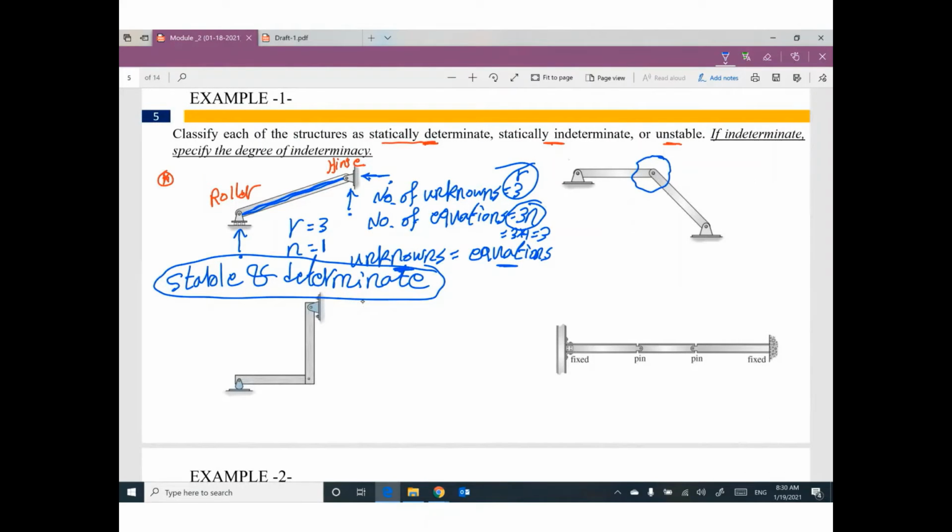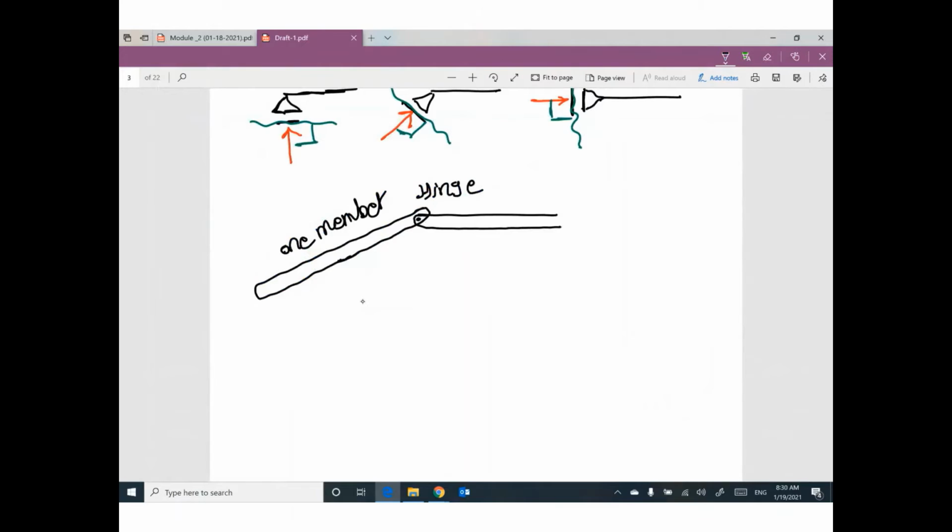This connection is a hinge connection. Or like this, it can be called pin or hinge, whatever. This one is called a pin connection or hinge connection. Both of them work. So this connection can be called a hinge connection or sometimes a pin connection.